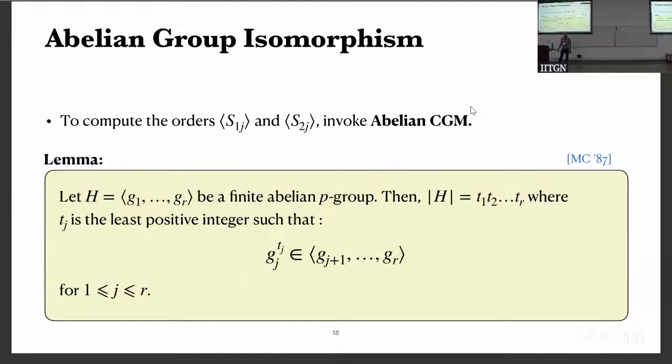And so this you can see is a CGM question, because gj to the Tj you can compute easily, or pre-compute. You want to know whether gj to the Tj is contained in this thing, and by this you can get the value of Tj, the smallest Tj, which is a small number.